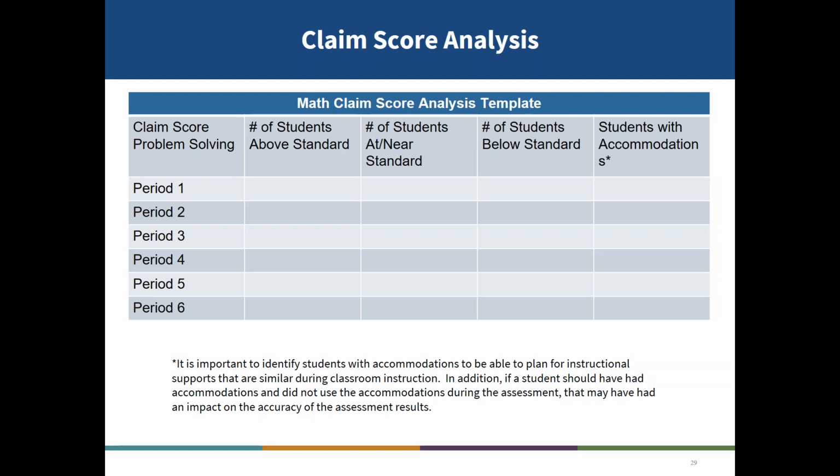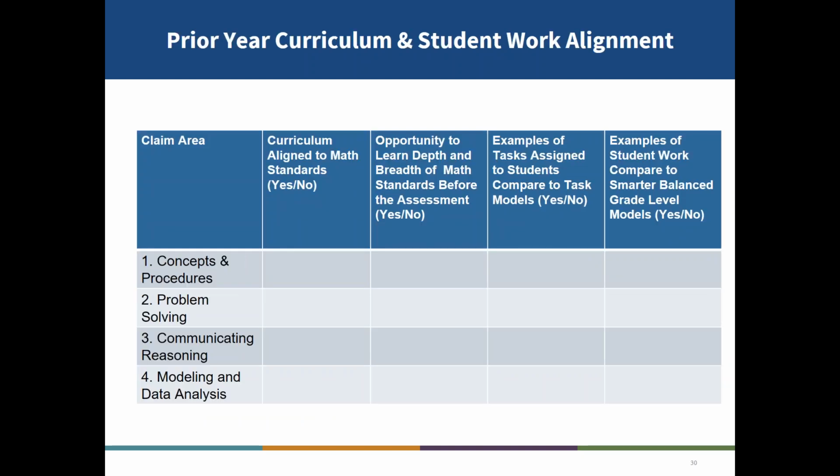For example, you will look at all the students that are above standards, near, and group them, and even look at students with accommodation, and then compare how they all did based on the different classrooms, and then you can start to see where gaps or weaknesses are as a group.